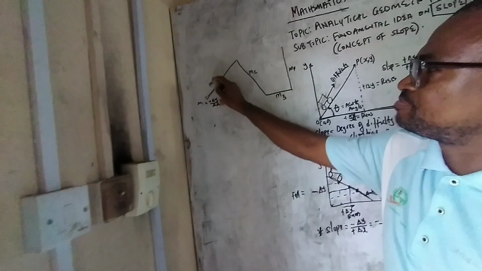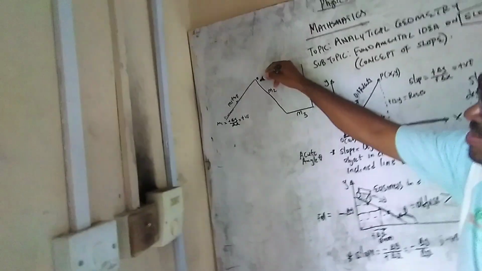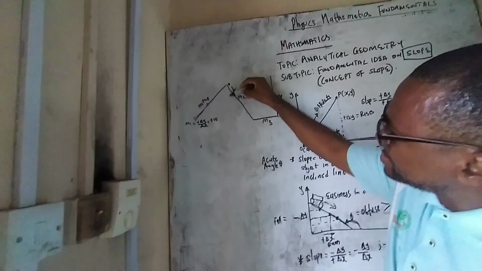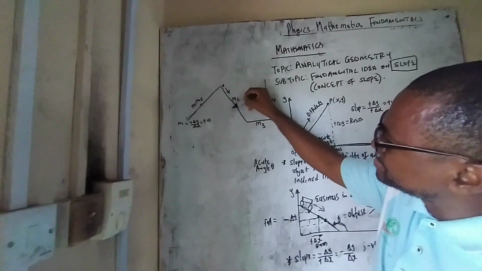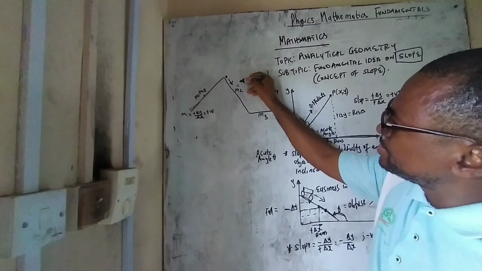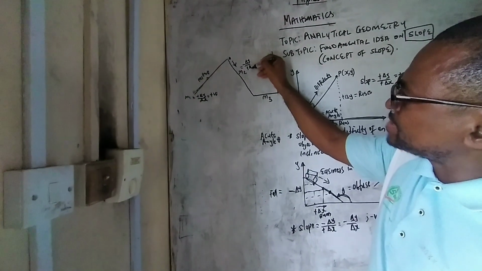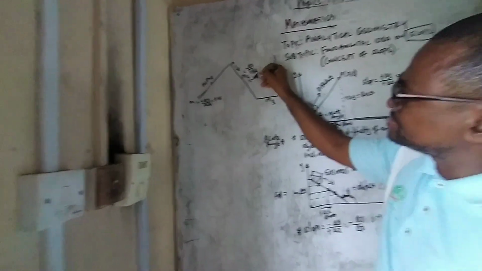So m1 is positive. Now, as the object is moving from here down, the height will be decreasing while the x is increasing. So the slope here will be minus delta y divided by plus delta x. So this slope m2 is negative.